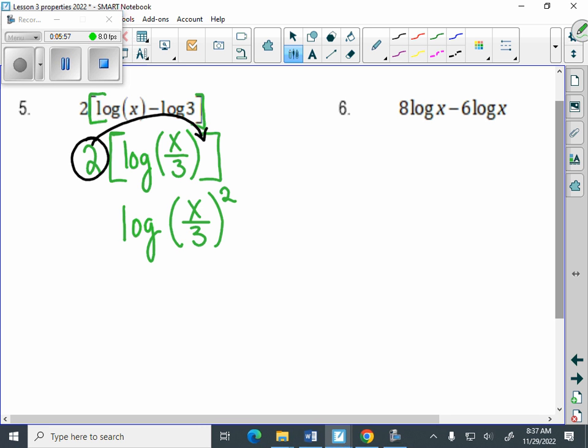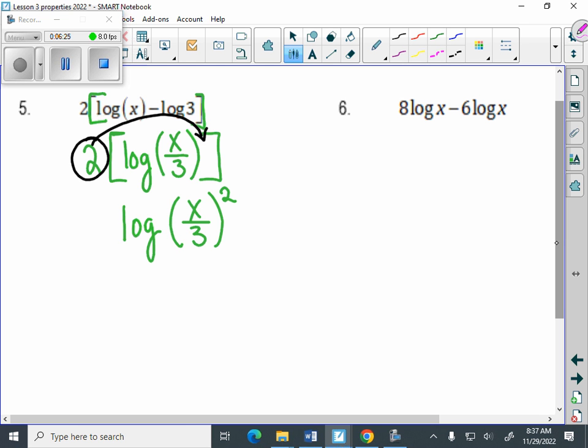And just a quick reminder, x over 3 squared, if we simplified that more, would be x squared over 9. What's inside the parentheses gets raised to what's outside the parentheses. And here, log of the quantity x divided by 3, squared, is our answer.